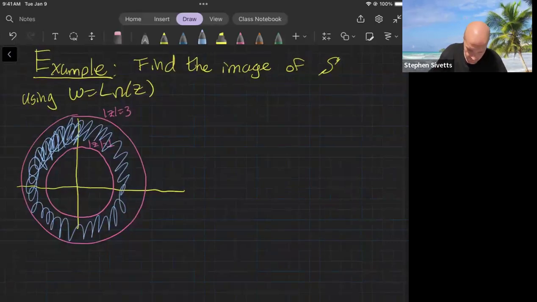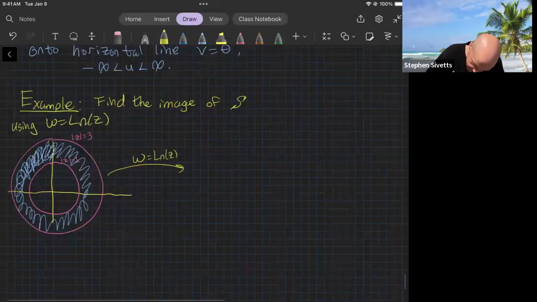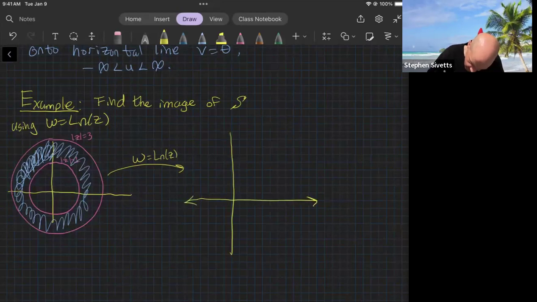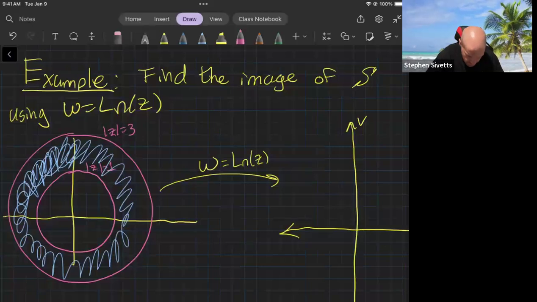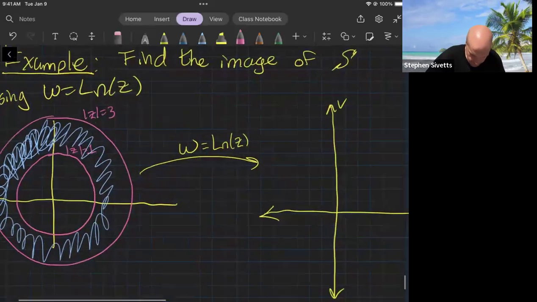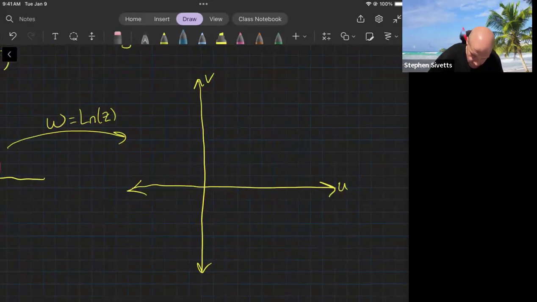Okay, so I assume you worked on this example. Let's see what this image will look like in the W plane. So we have the circle of radius 1, and so this will map to the fundamental region.